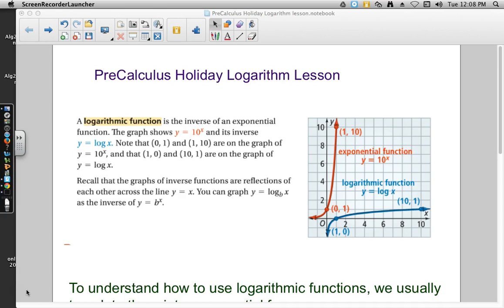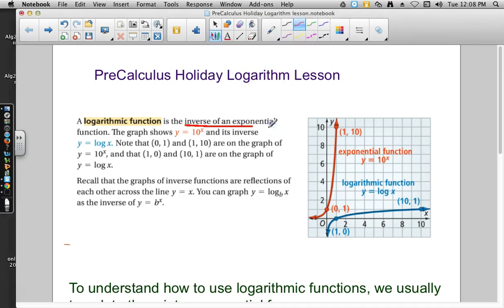We've got a logarithmic function, and it is the inverse of an exponential function. So when we see the inverse of any function, we need to be thinking that that means a reflection in the line y equals x. It says the graph shows y equals 10 to the x, which is of course the red graph right here, and then its inverse, y equals the logarithm of x.